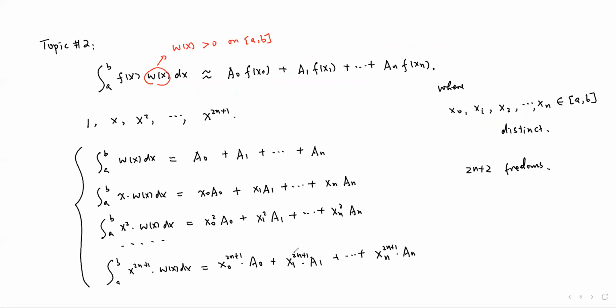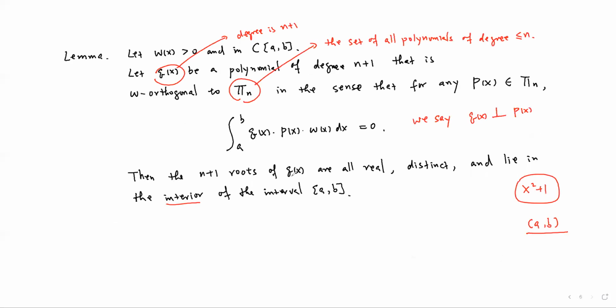This is a non-linear system, impossible by hand, solve it by computer. But it turns out that all the nodes in Gaussian quadrature are the roots of this orthogonal polynomial.